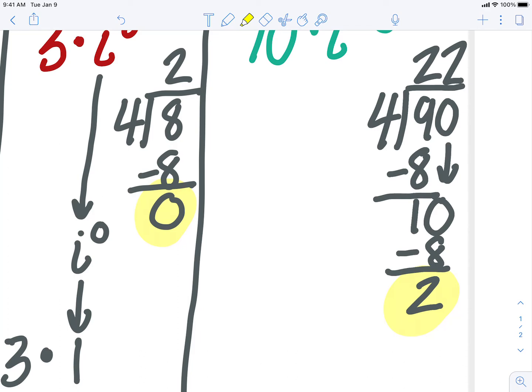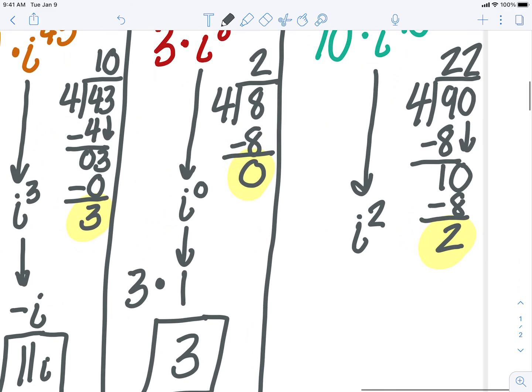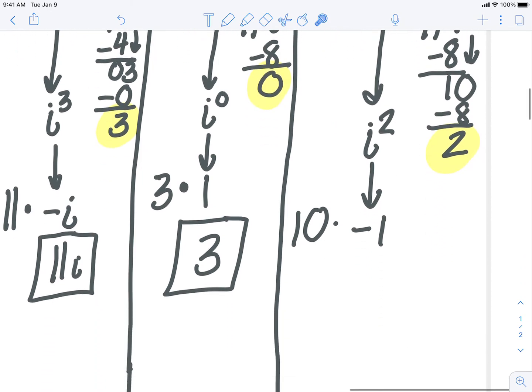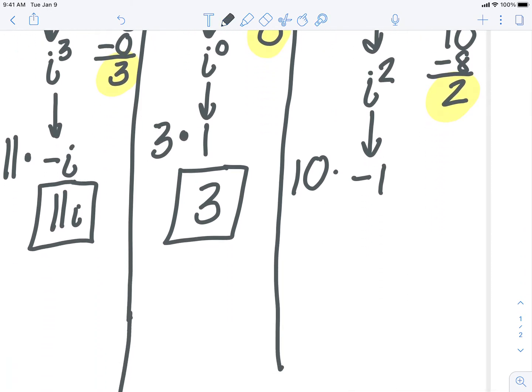Right? So my remainder, my new i, is going to be i to the power of 2. And I know from my imaginary key that i to the power of 2 is negative 1. And I'm going to bring down my 10 times, right? This one here comes down. 10 times negative 1 is negative 10. There you go. That is my solution there.